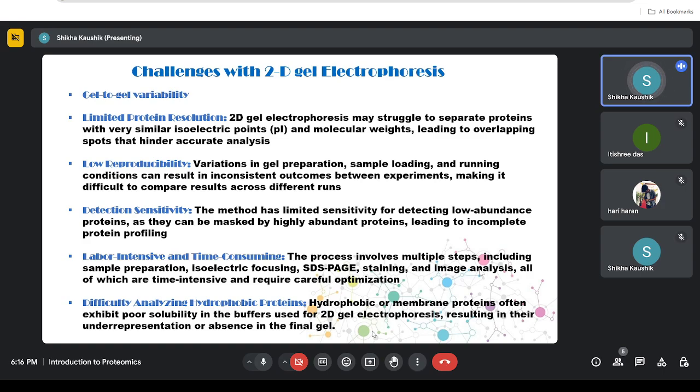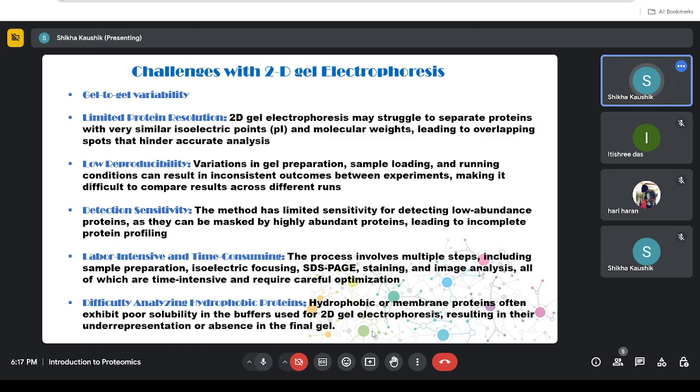They are less soluble, so even if you have good protein loading and have prepared your lysate properly, if your hydrophobic proteins are not soluble in the buffer that you're using, that creates a lot of problems when we talk about gel-based proteomics. Even in 2D gel proteomics, they have similar challenges, because it becomes difficult to run these proteins on your gel.